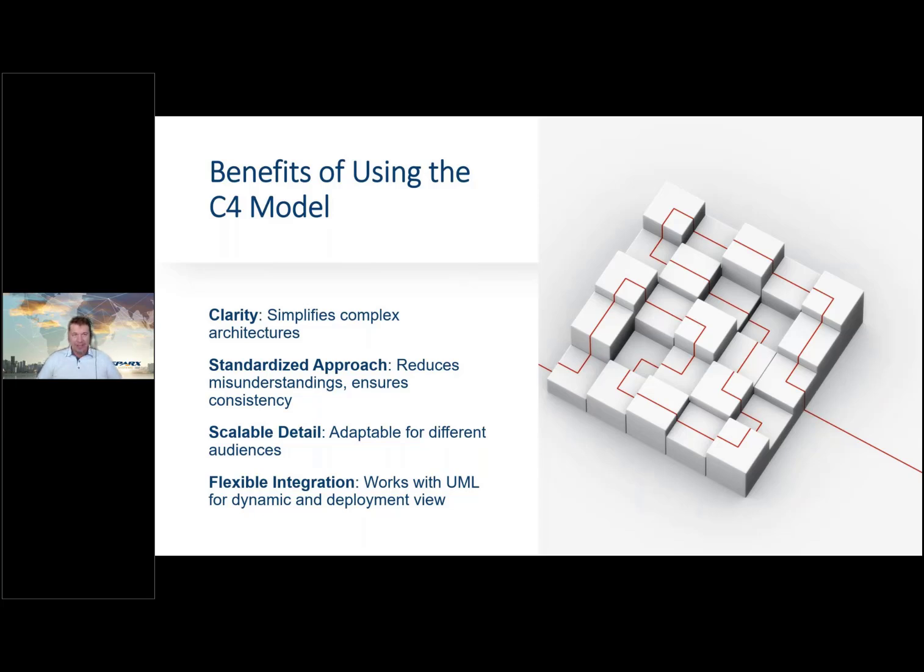Lastly, and this is I would say the most logical reason why it is implemented in Enterprise Architect, the C4 model works smoothly with UML diagrams, making it super flexible for explaining system behavior and deployment scenarios. So yeah, that's the point.